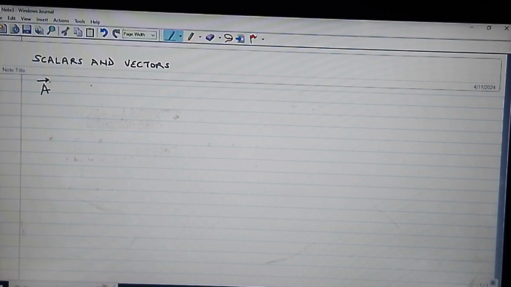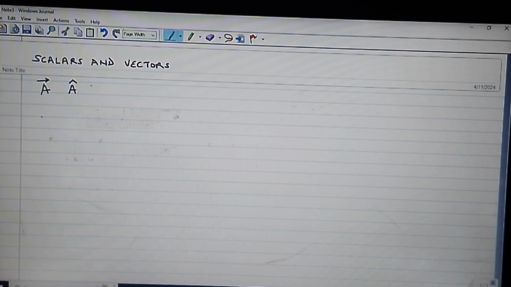So when you see a quantity of this nature, you know it is used to describe a vector. We can also represent vector A and put something like an inverted V on top, call it a cap. This is also designating this letter as a vector quantity.